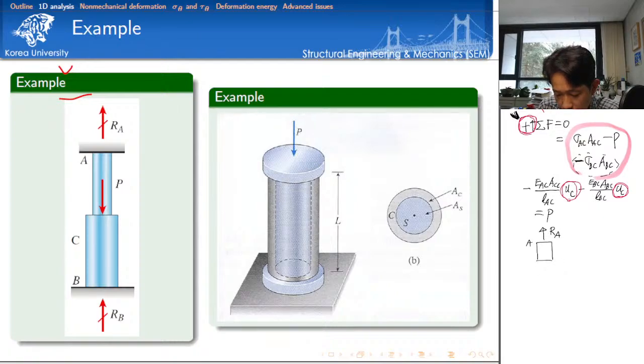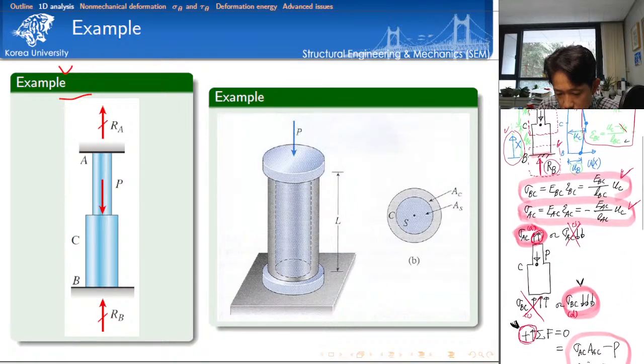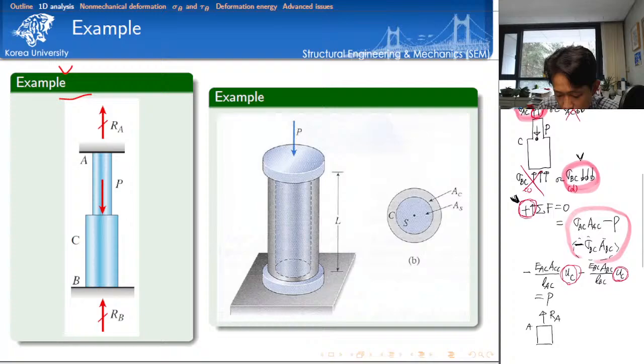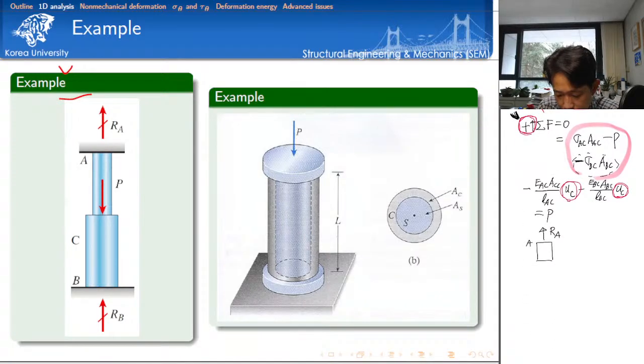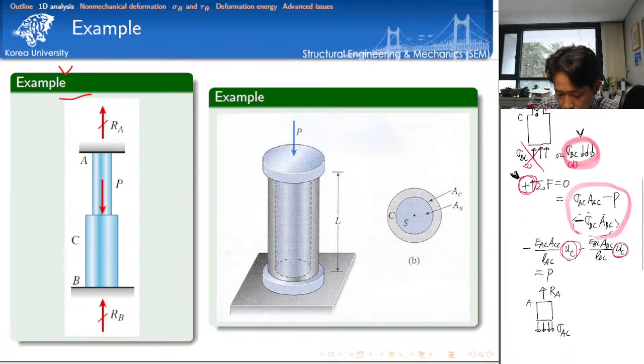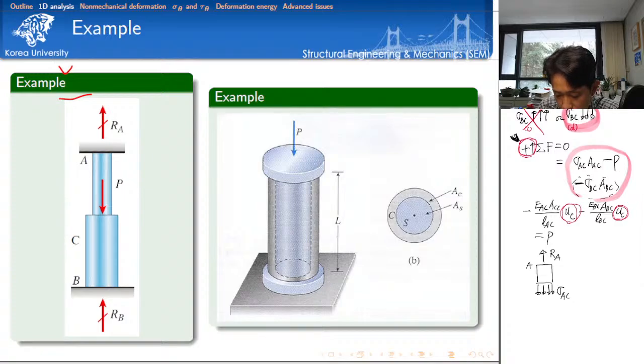And then if you look at here, there exists some normal stress too, isn't it? Because I'm talking about AC segment. The normal stress is what? Sigma AC. So make sure that we can determine sigma AC because we just calculated nodal displacement. So let's check the force equilibrium for this body. Then we can determine the magnitude of a reaction.